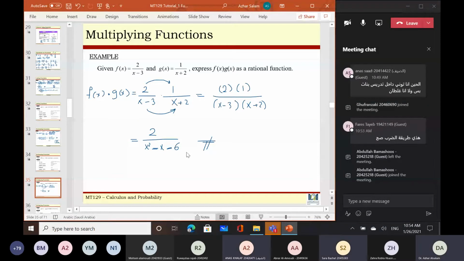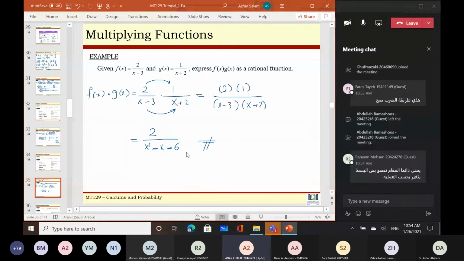Okay, thank you. How did we get the minus x? This I take from the previous example. I have here x squared.